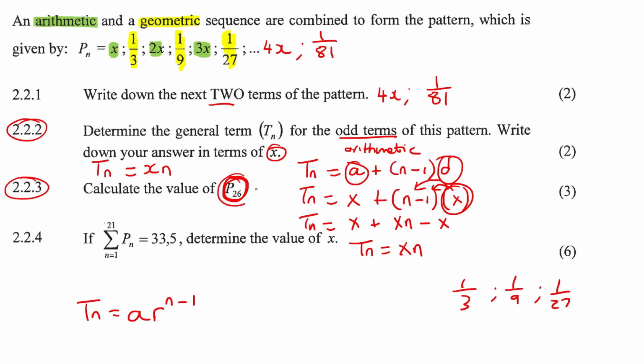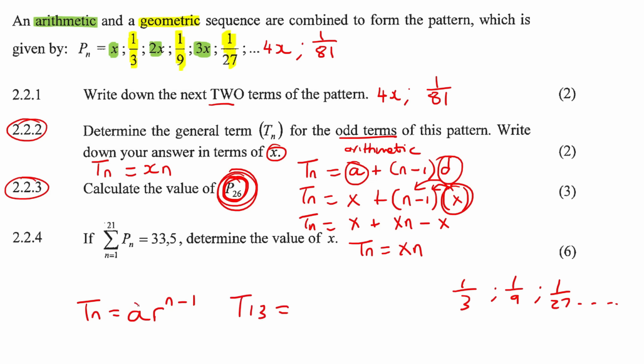So term 26 inside here would actually just be term 13 in its own sequence. Make sense? So don't put a 26 here, because then you are saying that there are 26 terms in the geometric formula, because this is a geometric. There's only 13, so we're going to go find term 13 over here.